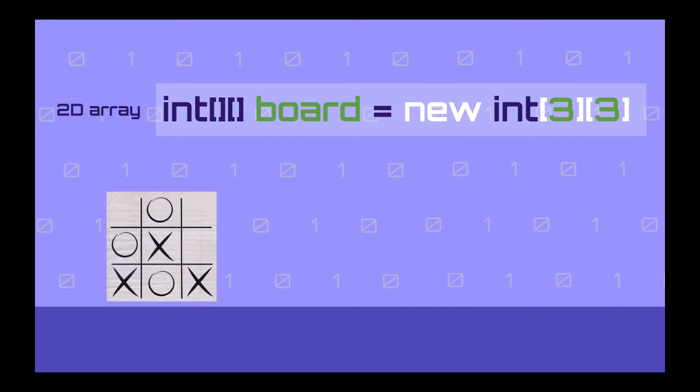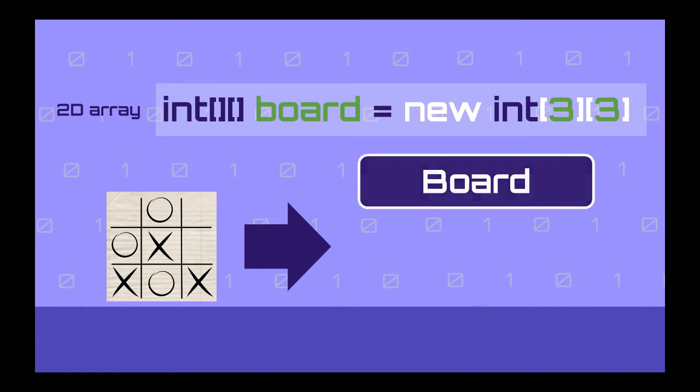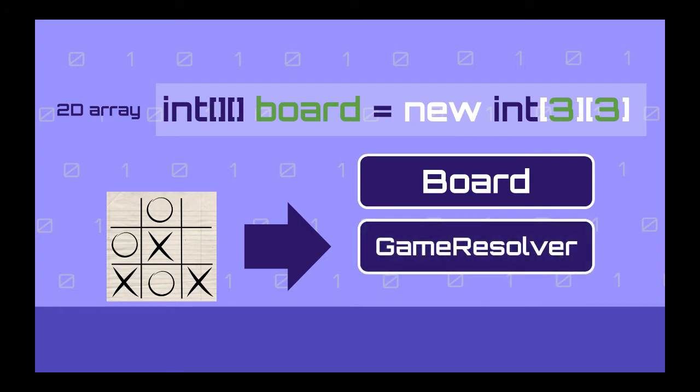As I mentioned before, I will organize the code in 3 classes. One of the classes will be the board, and this class will contain the code to manipulate the matrix. Then we will create another class, Game Resolver, which will contain the code to check if someone won.